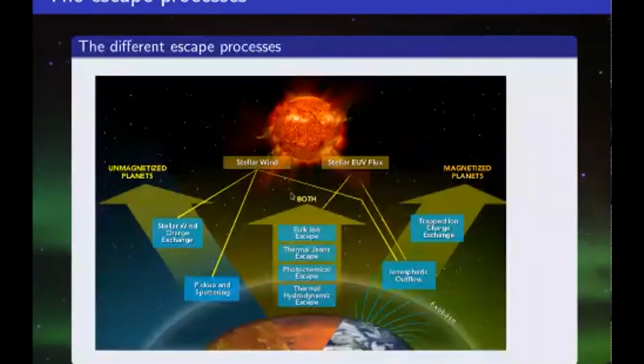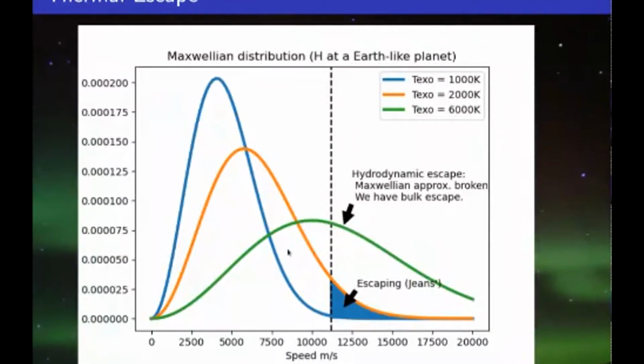So I want first to speak about the thermal escape, and then we'll go a little bit into the different non-thermal aspects. Because the thermal escape is really what is at the heart of understanding the escape at the beginning.